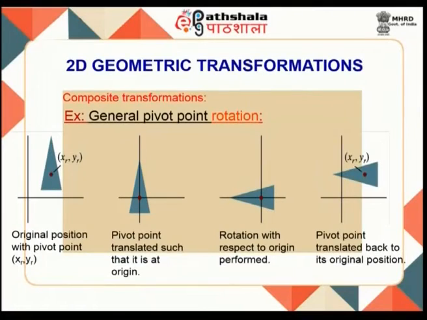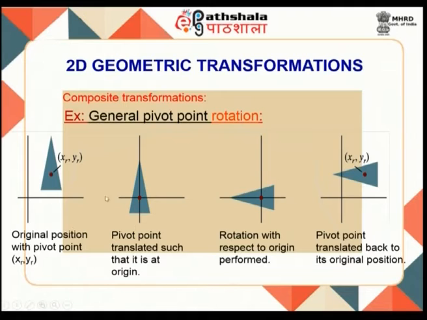So, let us look at the example of general pivot point rotation. We understood from general rotation that rotation is performed about the origin by some angle. Now let us assume that there is some other point in space about which we are going to rotate our object.